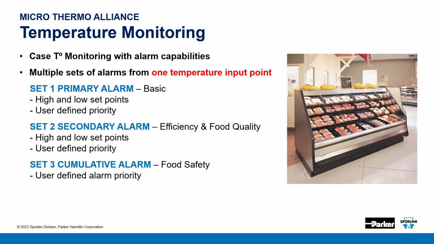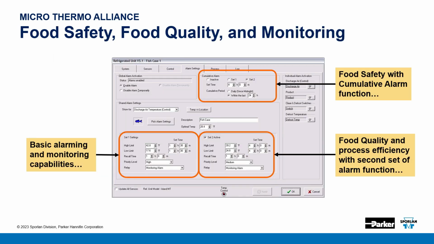And here's what the plugin for the node looks like. You can see Alarm 1 here. Here's your settings for Alarm 1. High limit of 42, low limit of 17.8, and a set time and a recall time of 1 hour and 30 minutes. They've activated set 2.